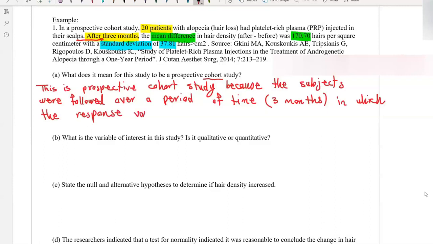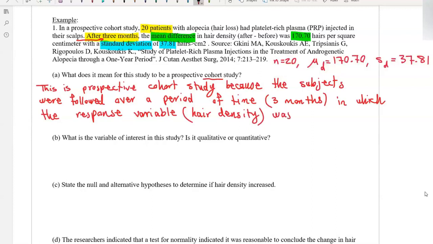And our response variable was hair density. So this was measured.